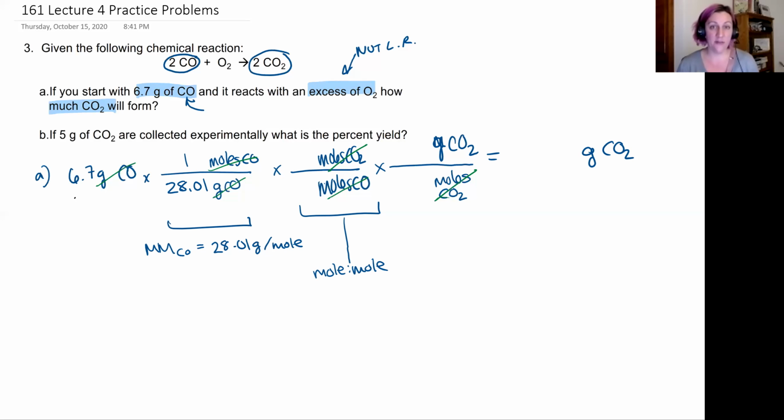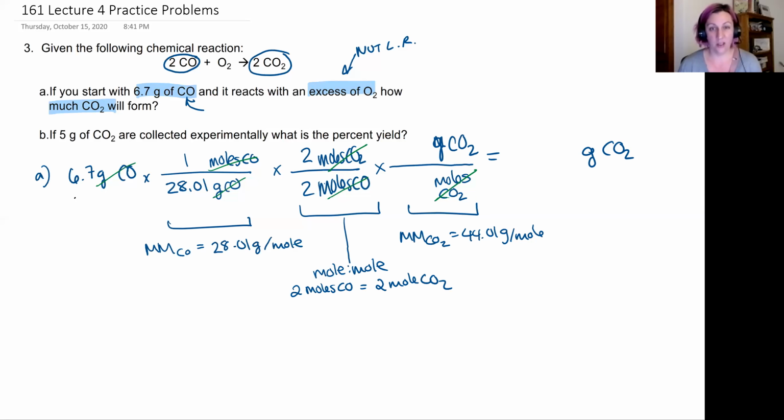So I can see from my balanced equation that 2 moles of carbon monoxide will produce 2 moles of carbon dioxide. So I have a 2-to-2 mole ratio for my conversion factor. And our last one is the molecular mass of carbon dioxide, which is 44.01 grams per mole.